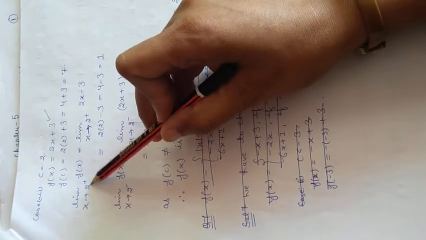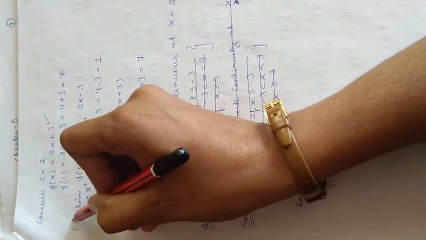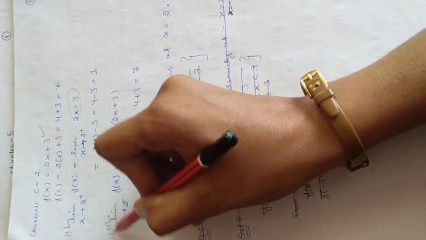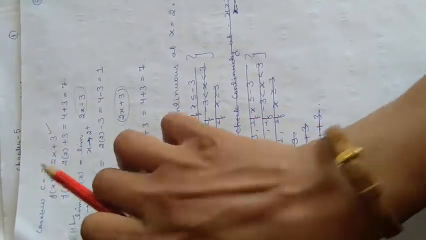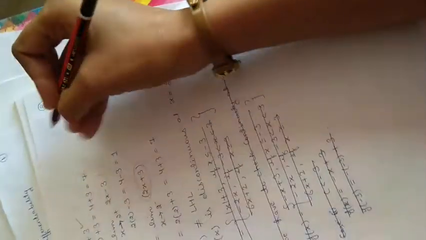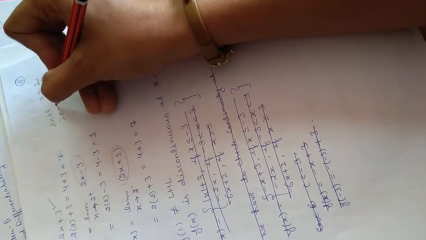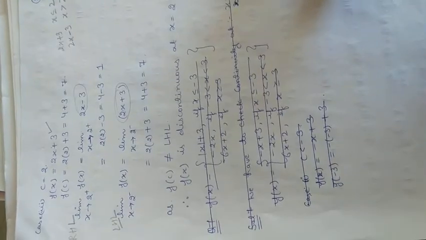When we are going for right hand limit, we will use this function, and when we are going for left hand limit we will use this function, because in the question it has been given that 2x plus 3 is for x less than or equal to 2 and 2x minus 3 is for x greater than 2. These two conditions are already given in the question. Again I have written over here because I have turned my page, you are not able to see that.